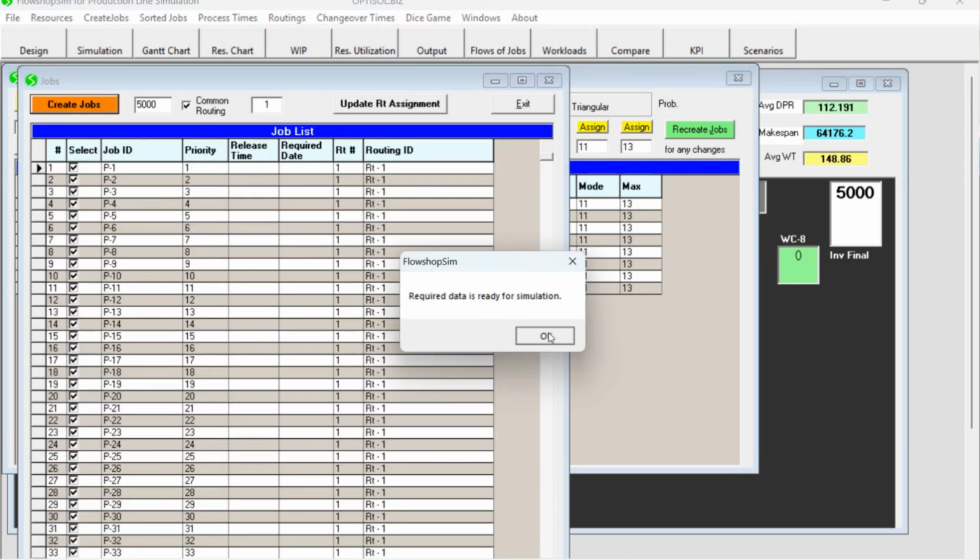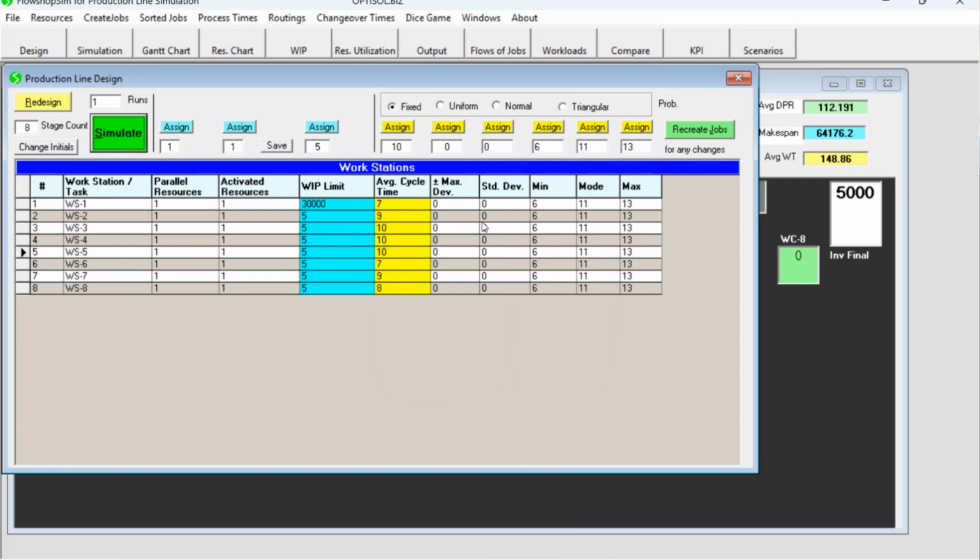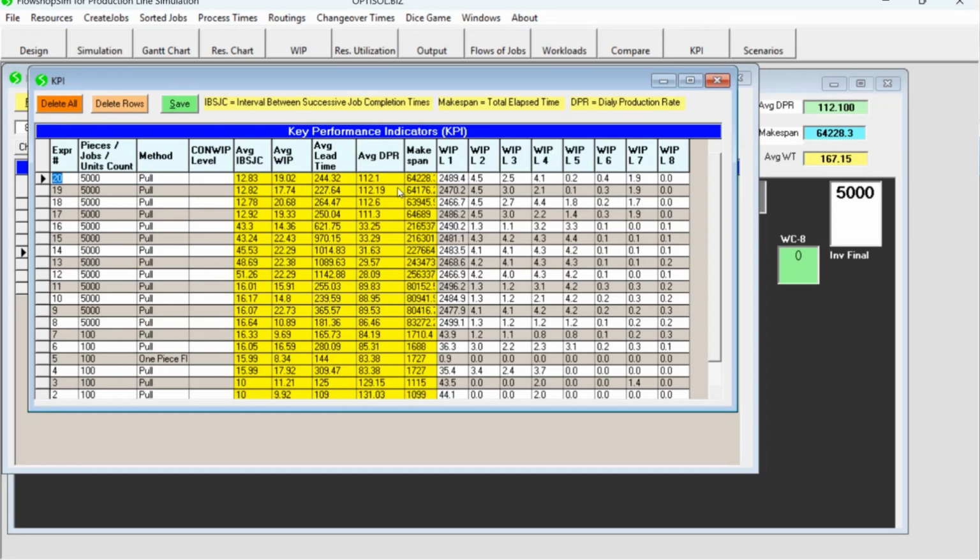Okay, I forgot to generate; it reminded me to generate the data for the new cycle times. Now I can see some improvement in productivity, but still not 101.